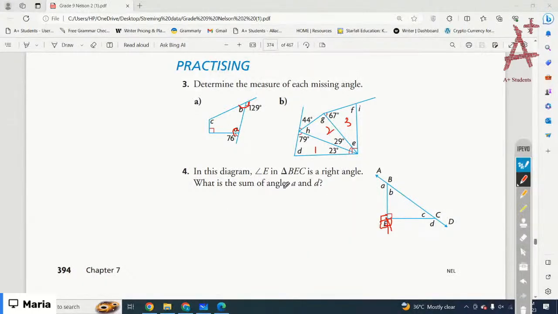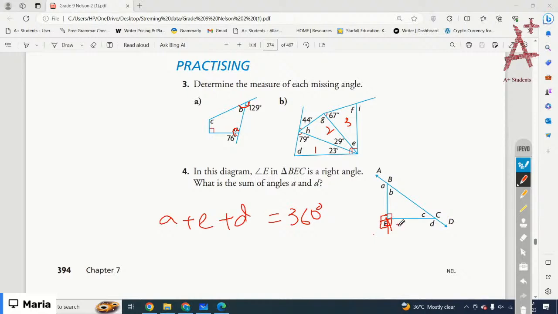What is the sum of angle A and D? The sum of all the exterior angles must be 360 degrees, right? That means A plus E plus D, they are exterior angles, must sum to 360 degrees.